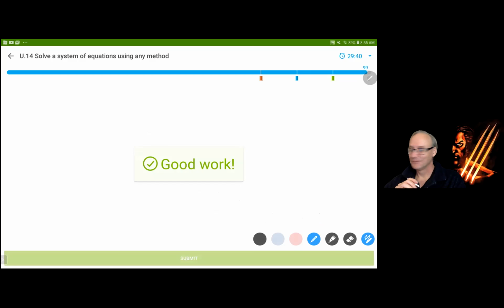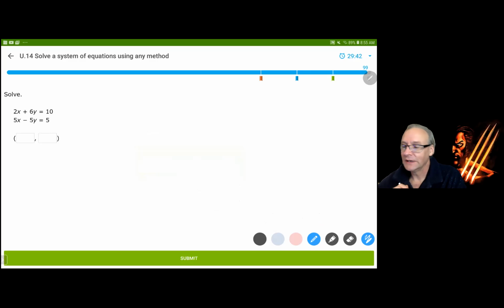And one last one. Hopefully you guys can get it too. I'll work it out a little bit slower because this one requires that you multiply both equations by something. Now there's 2 ways to go. Actually, there's 4. There's 4 methods and they all work. Okay, I'll show you all 4 of them.